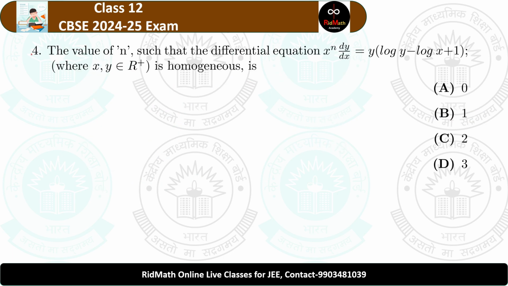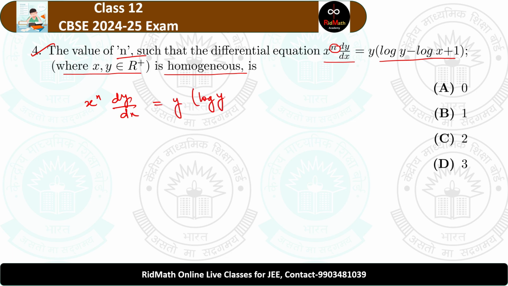The value of n such that the differential equation, where x, y belongs to R plus, is homogeneous is. So what is the value of this n? The equation is x to the power n dy by dx equal to y (log y minus log x plus 1).